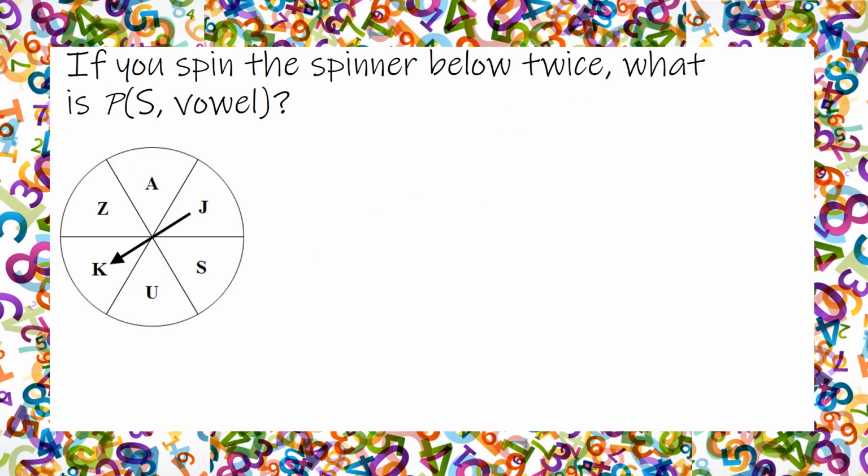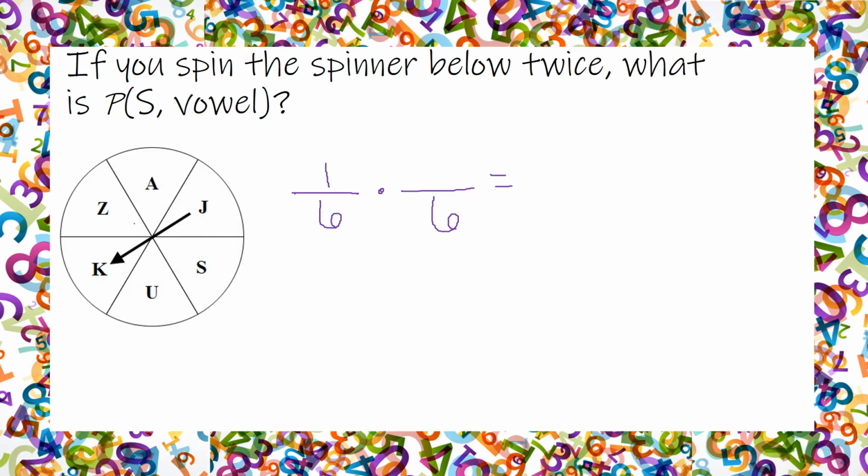If you spin the spinner below twice, what is the probability of getting S and then a vowel? So I see there are 1, 2, 3, 4, 5, 6 spots on this spinner. Because we're looking at 2 different probabilities that we want to happen one after another, I see there is 1 S up there.